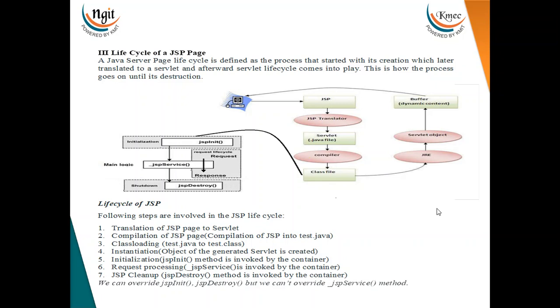Instantiation, that is, an object of the generated servlet is created. Initialization, the jspInit method is invoked by the container. Request processing, the jspService method is invoked by the container. JSP cleanup, the jspDestroy method is invoked by the container. We can override jspInit and jspDestroy, but we can't override the jspService method.